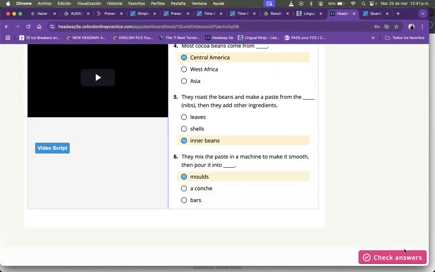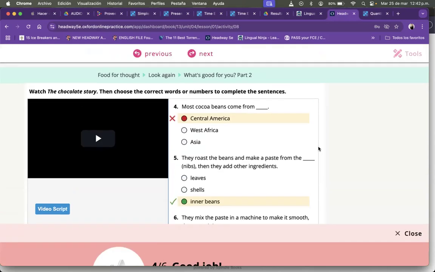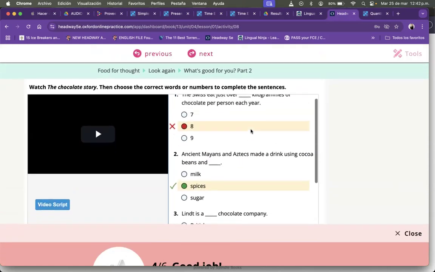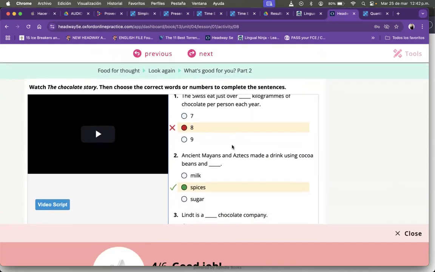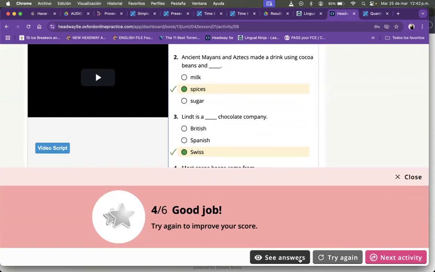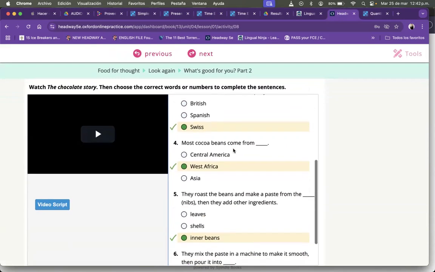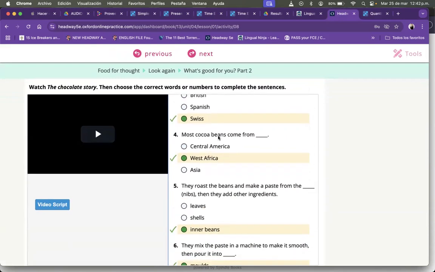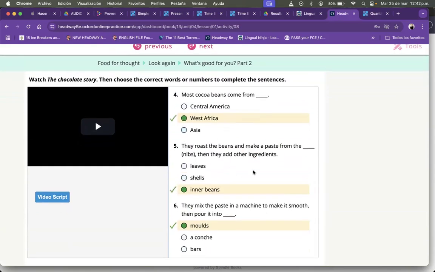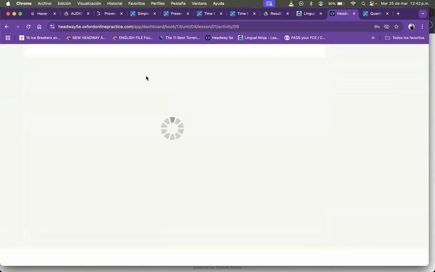Molds? Okay, molds. Yes, it is almost correct. So it's not so correct. Because number one is 9 kilograms. West Africa, no? Most cocoa. Okay, perfect. So let's do the last part.